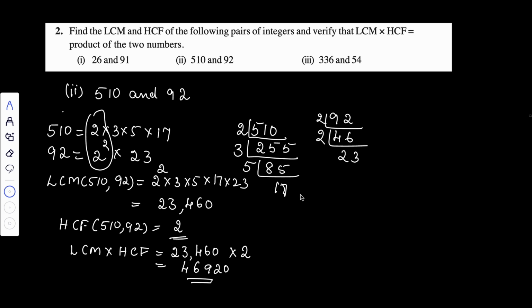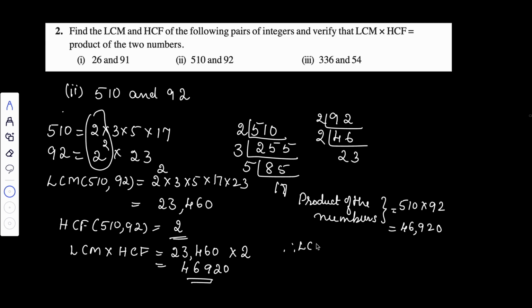Then we want to find the product of the numbers. That is 510 into 92, and when you multiply this, you will get 46,920. Therefore, LCM into HCF is equal to product of the numbers.